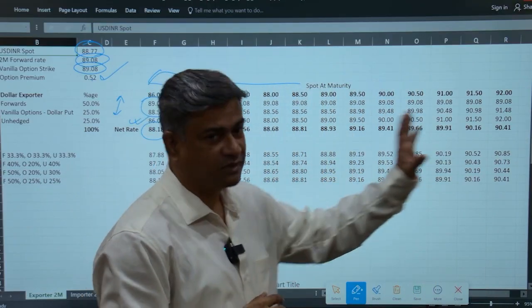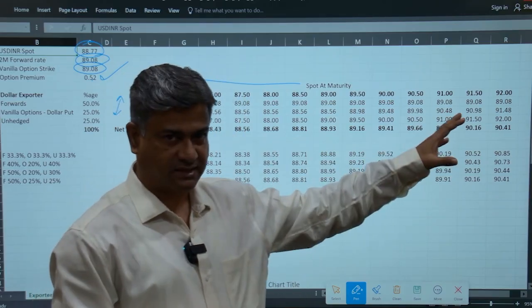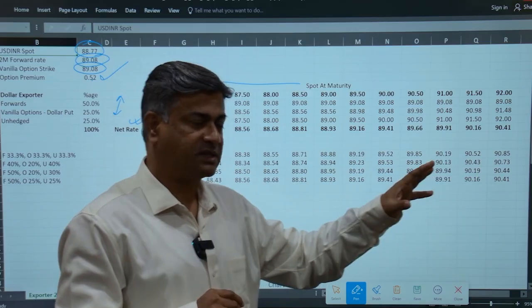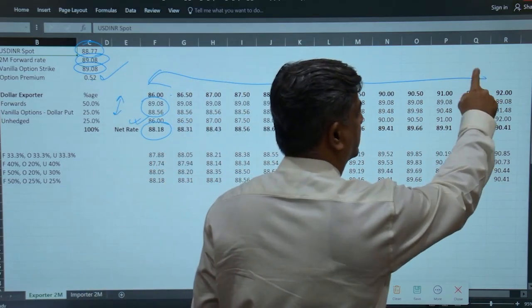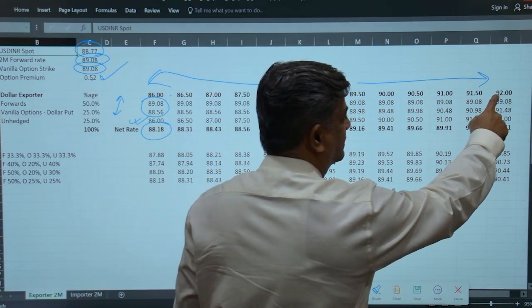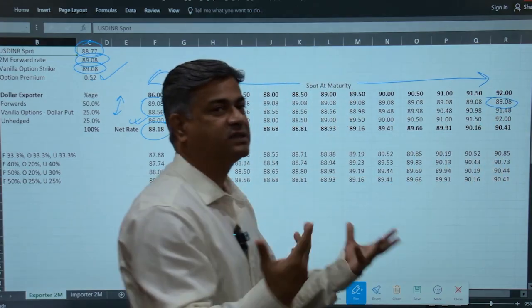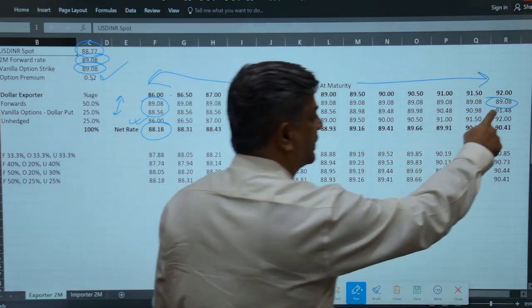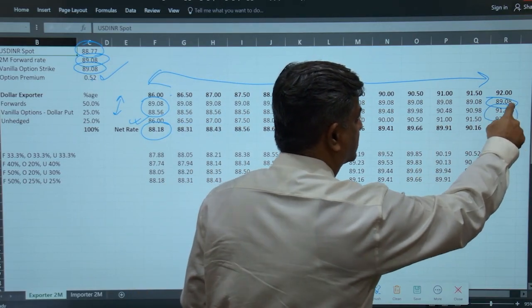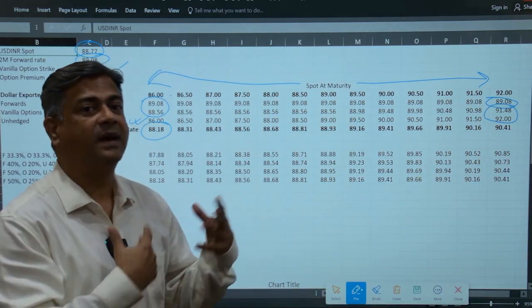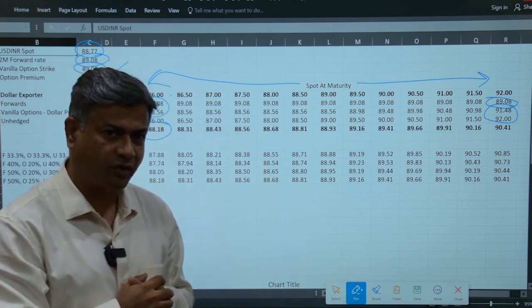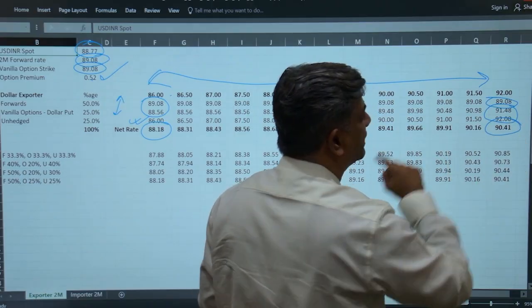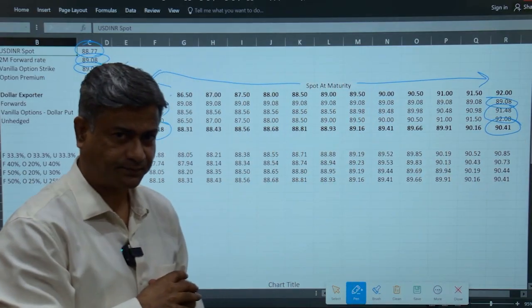And in the reverse case, if rupee weakens, now remember, for a dollar exporter, rupee weakening is a favorable scenario. So if this happens, then I lose out in my forward because I get stuck at 89.08. But vanilla options and open positions will help me in capturing that kind of favorable market movement, and overall I will still be at 90.41.